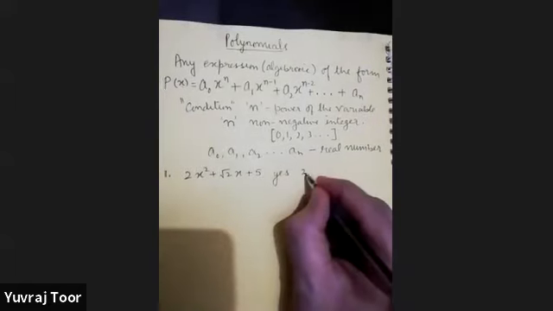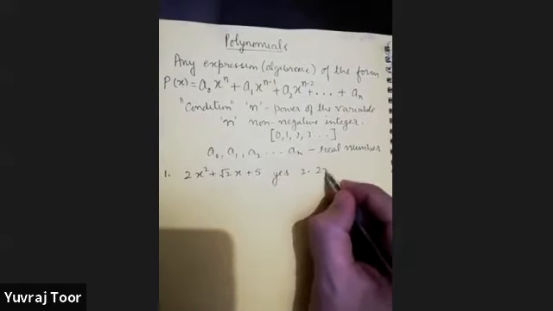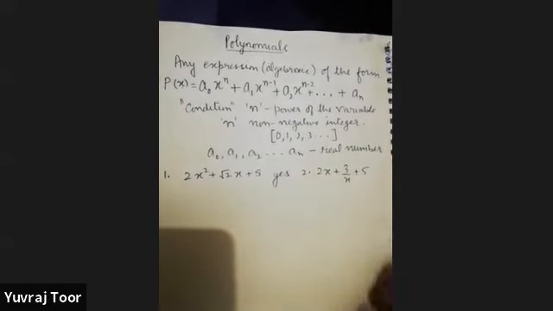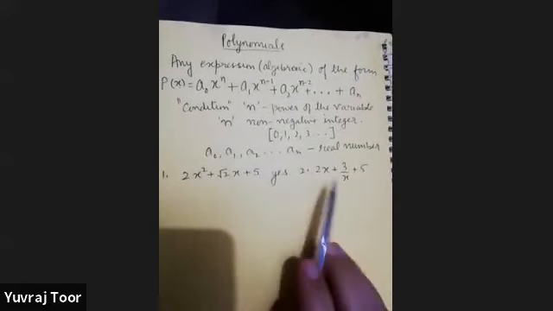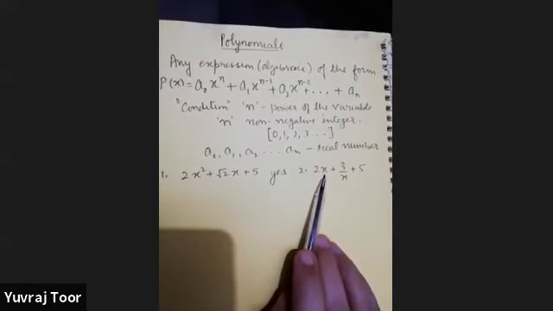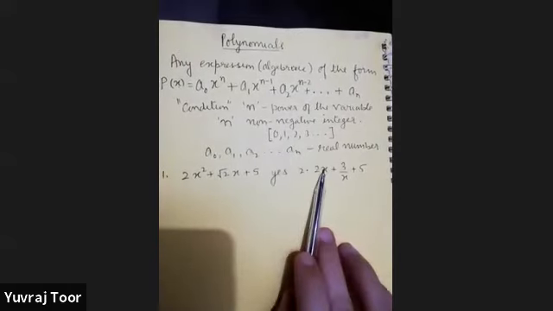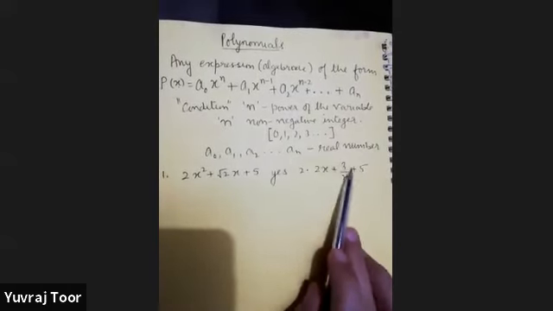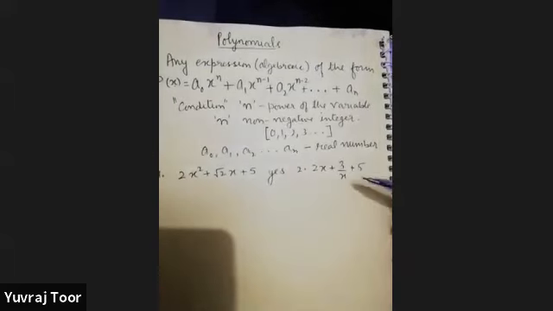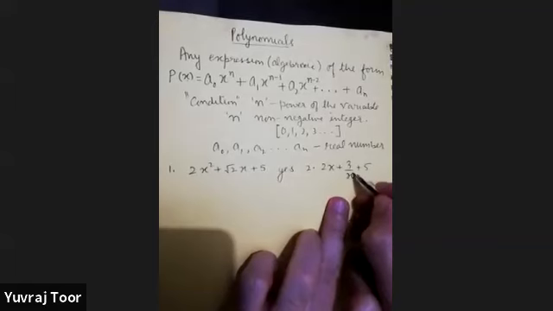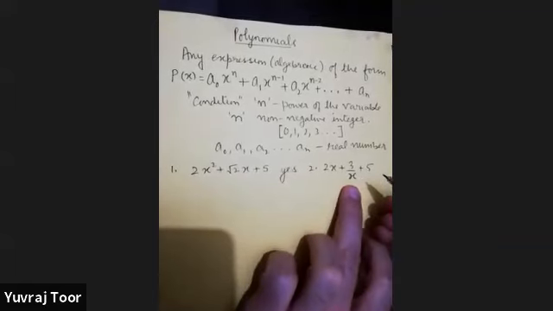Now let's look for the second one. 2x plus 3 by x plus 5. Now, when you look into this expression, first term, power of the variable is positive. Yes, this is a non-negative power. When you look upon this term, you have to take this considered term as in the denominator.